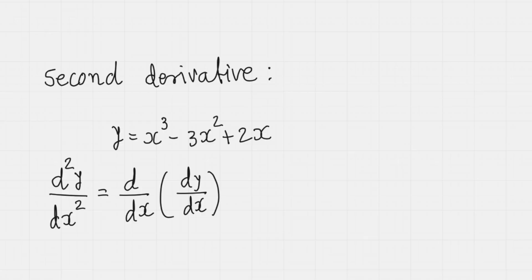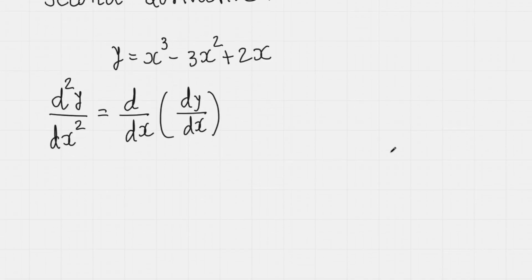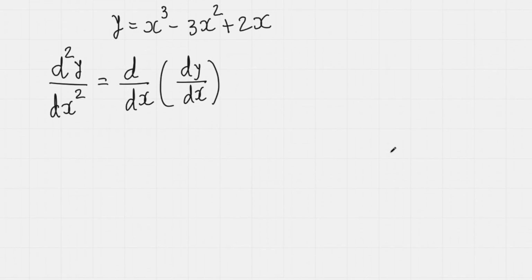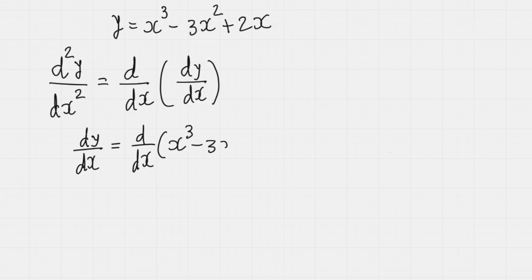Okay, so to find the second derivative, first we need to find the first derivative of y. So let us write dy over dx is equal to d by dx of our y, which is x cube minus 3x square plus 2x.